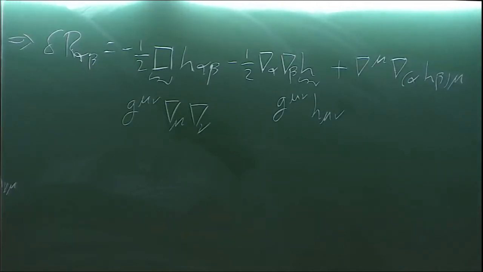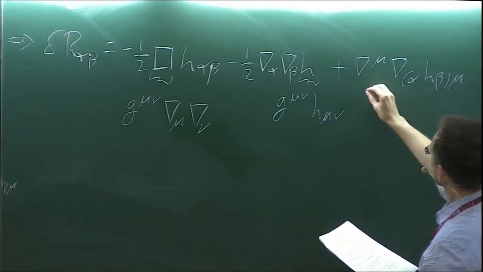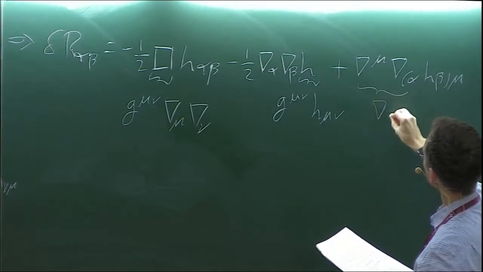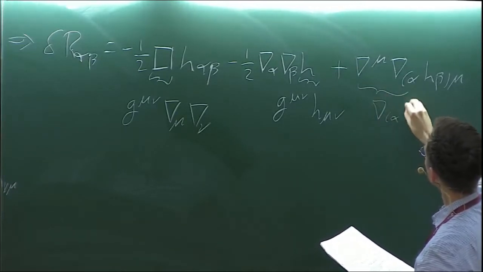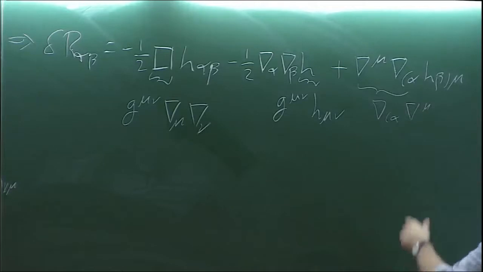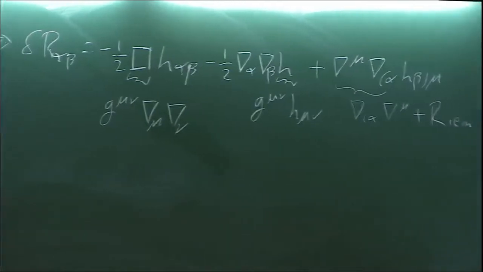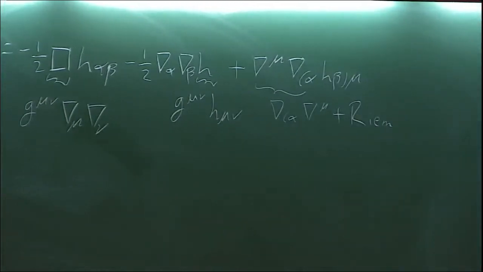I'm going to make it look a little bit different by commuting these 2 derivatives. So I can write this as derivatives of the opposite direction plus a Riemann term using the Ricci identity that we worked with yesterday.